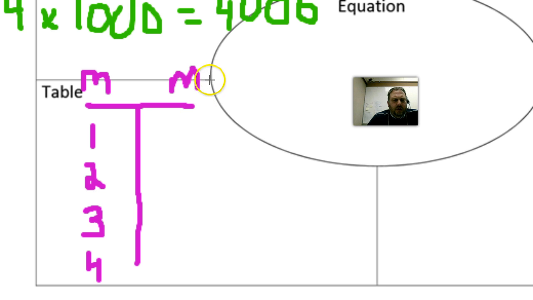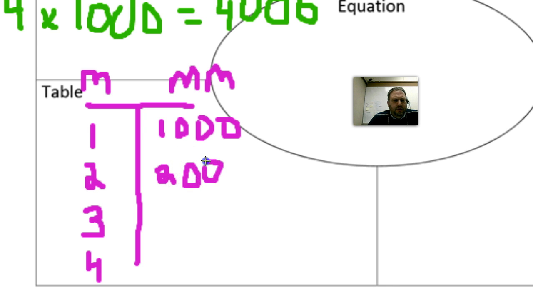So on the millimeters side, which I should really label as mm, I have 1,000, then 2,000, then 3,000, and finally 4 meters equals 4,000 millimeters. It's a little bit tricky to use this tool, but I'm getting the hang of it.